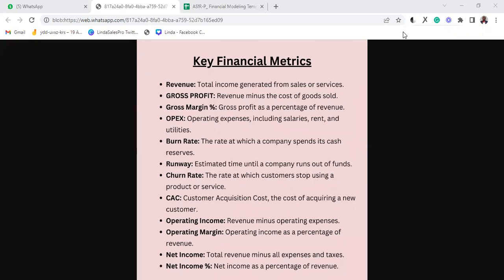So today we are going to be looking at financial modeling. Okay, so we have what we call accounting and we have what we call financials, right? So accounting has to do with the historical data, right? So we are not going to dwell much on that. It's all about you keeping your records.